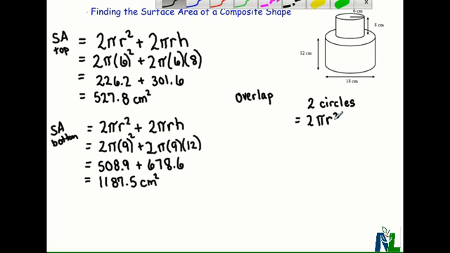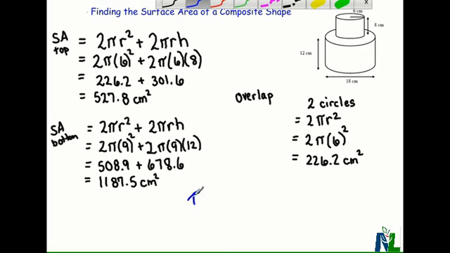We're going to use the radius of the small cylinder, which is on top. So our formula is going to be 2 times pi times 6 squared, which gives us a total of 226.2 centimeters squared.